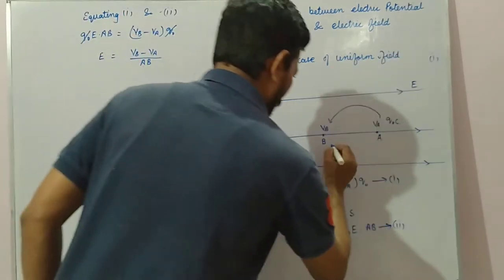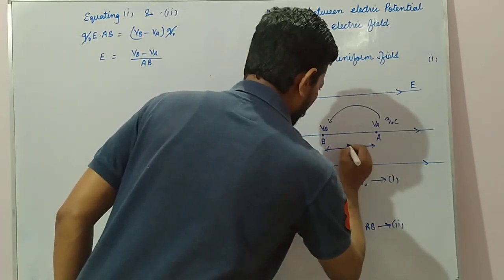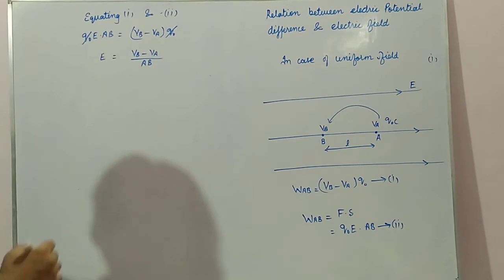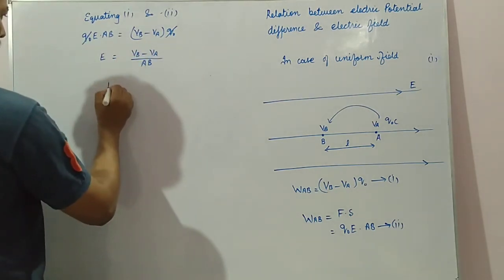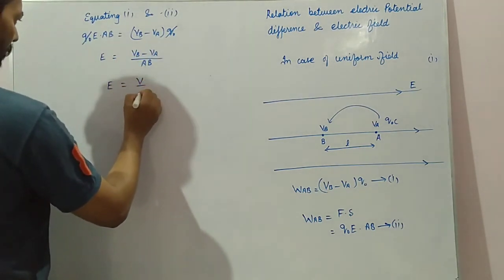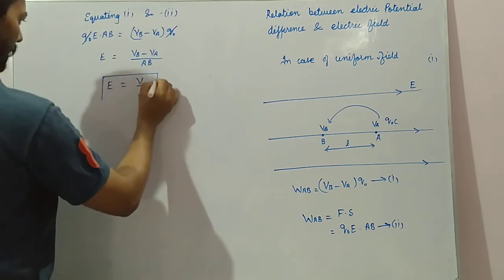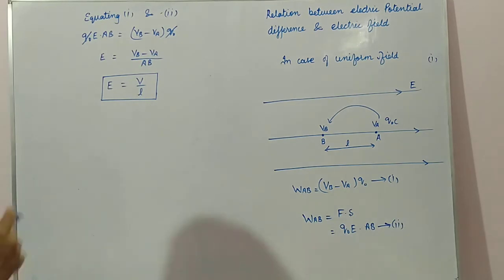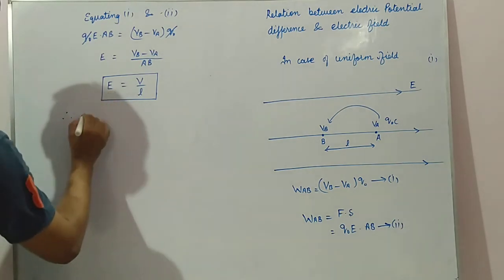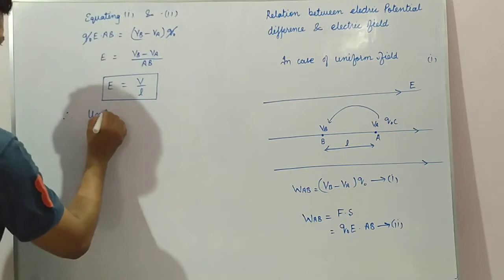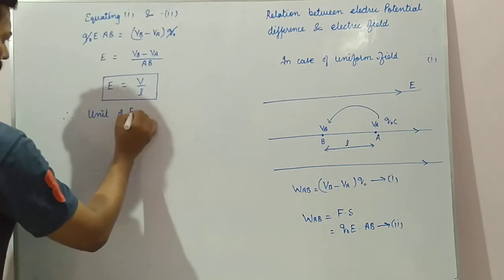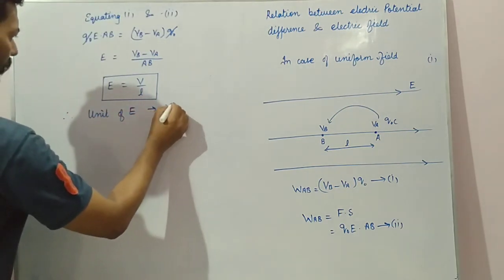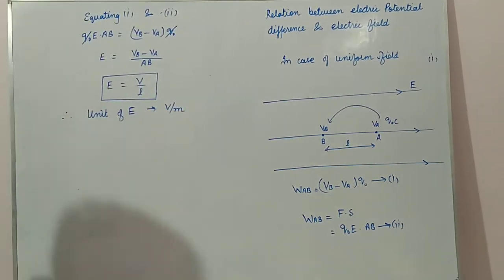Now this distance AB, we are taking this distance as L. Let the distance be L. VB minus VA, let it be V, or E equal to V by L. So this is the relation between electric potential difference and electric field. So from here we are getting one more unit of electric field, unit of E, that is volt per meter. Okay.